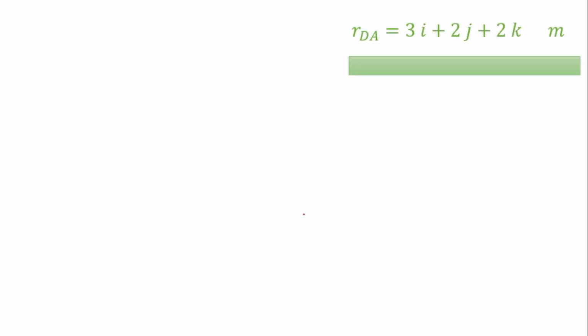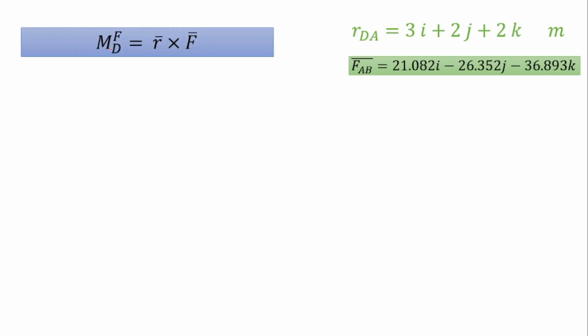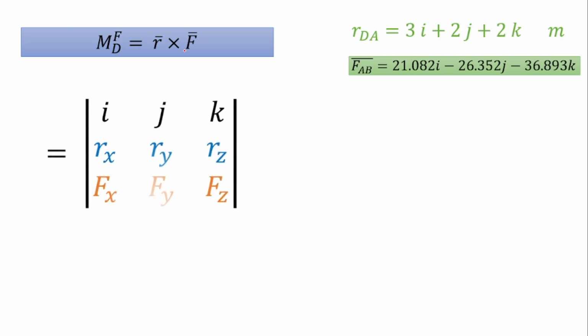We have the value of R_DA as well as the vector form of the force. Now we'll find the cross product. Moment of force F about point D is equal to R cross F. Convert it into a determinant format: i, j, k, Rx, Ry, Rz, Fx, Fy, Fz.